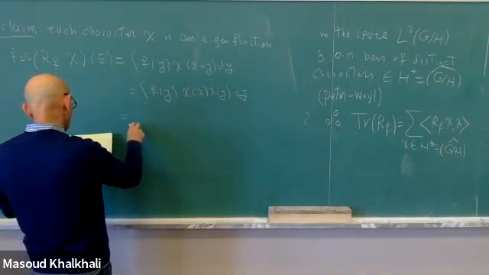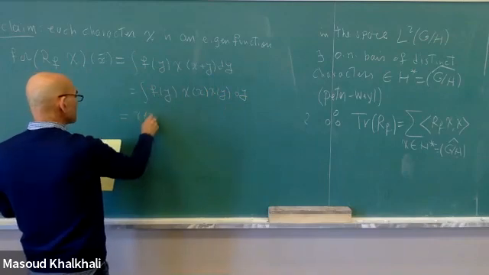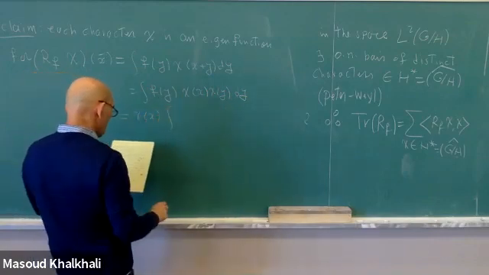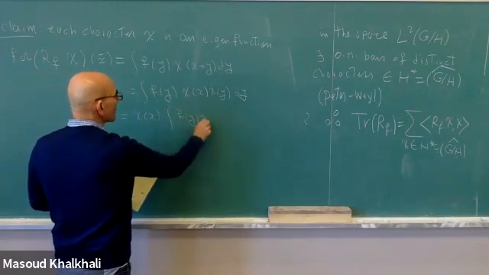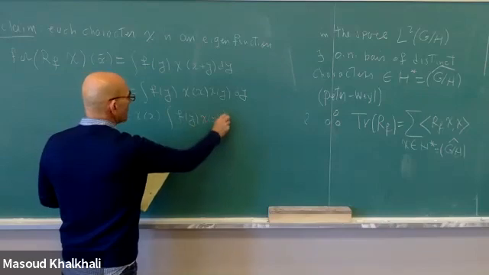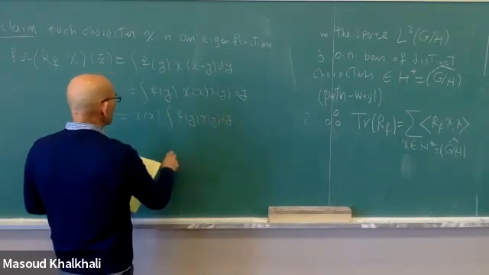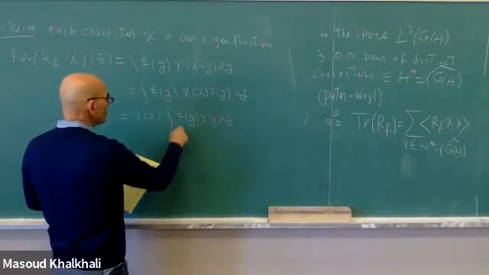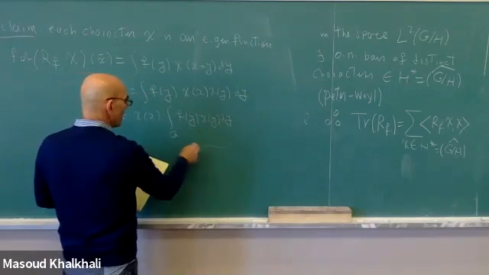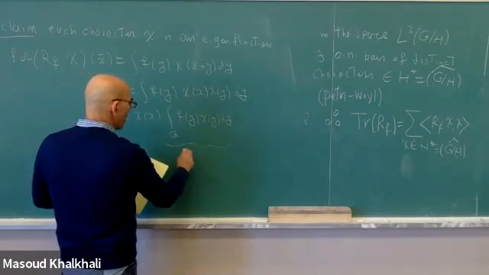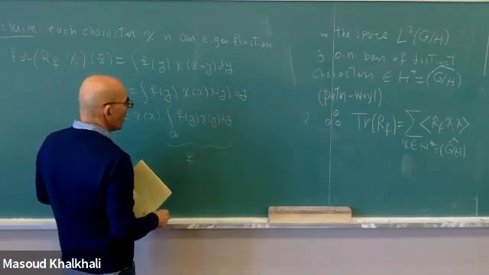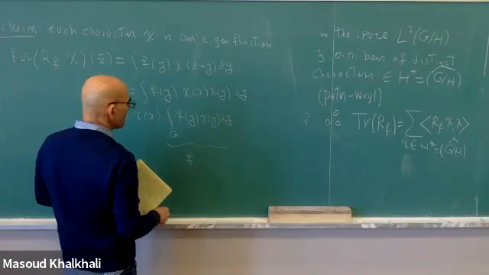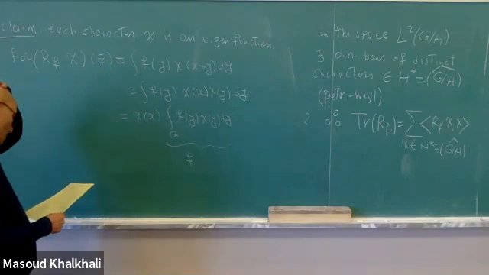So this is chi of x times the integral of f of y, chi of y, dy over G. It looks like I'm going to get f, all right, so what am I getting? This is not f hat.